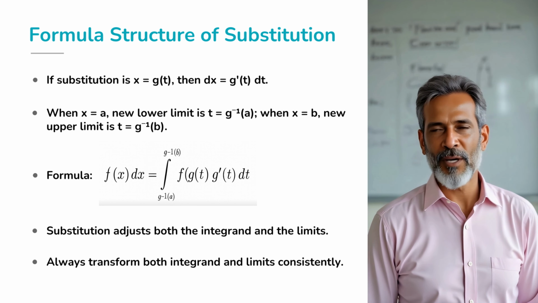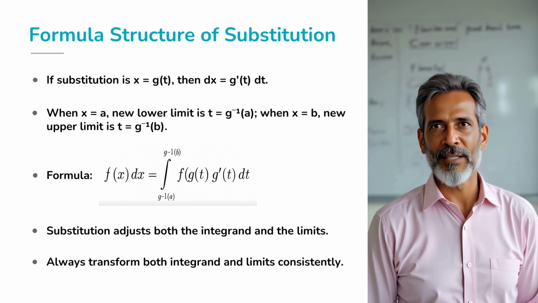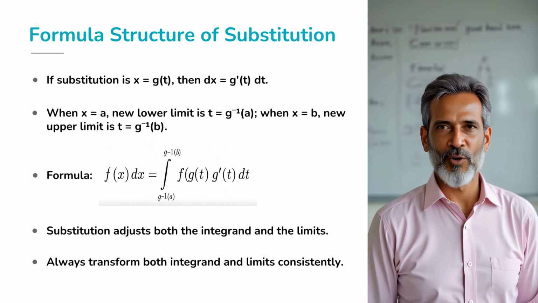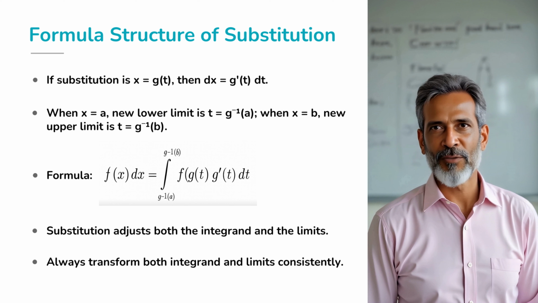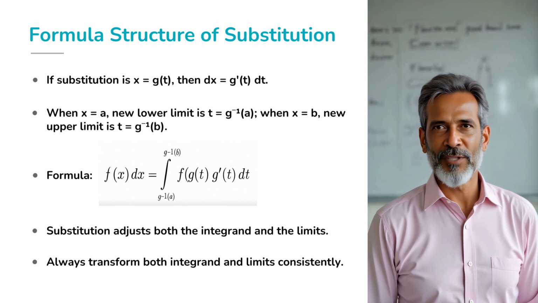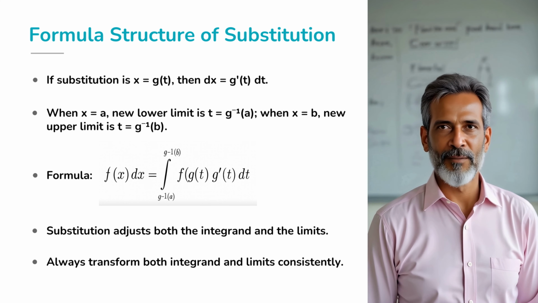Therefore, the formula is integral from a to b f of x dx equals integral from g inverse of a to g inverse of b of f of g of t multiplied by g dash of t dt. Notice that substitution not only changes the integrand, but also the limits. Forgetting to change limits is one of the most common mistakes students make.